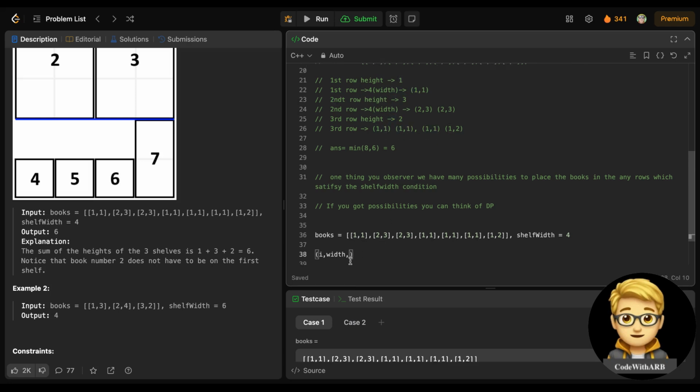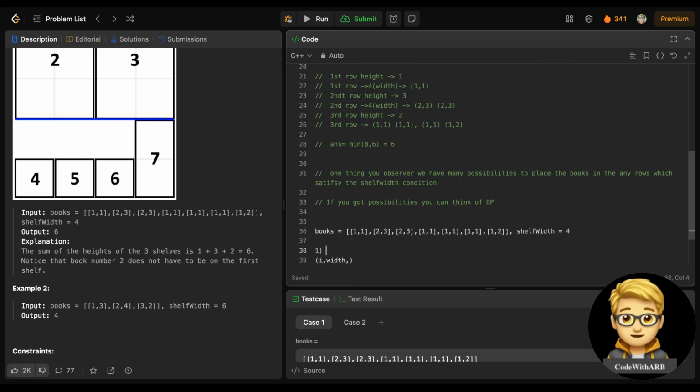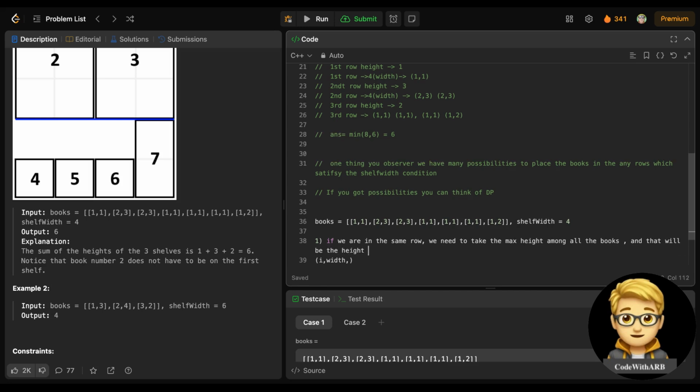So the first thing to observe is that if we are in the same row, we need to take the max height among all the books, and that will be the height of that particular row, right?